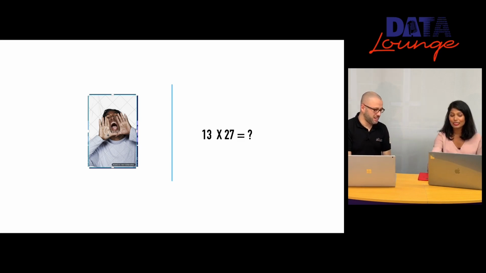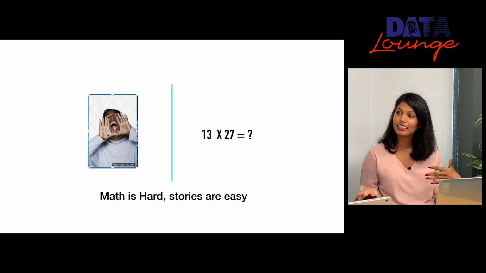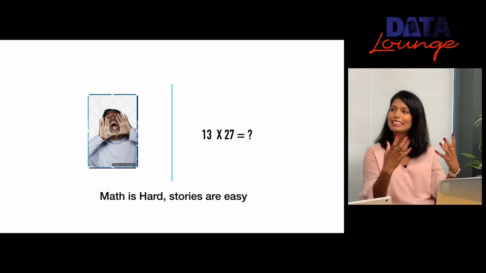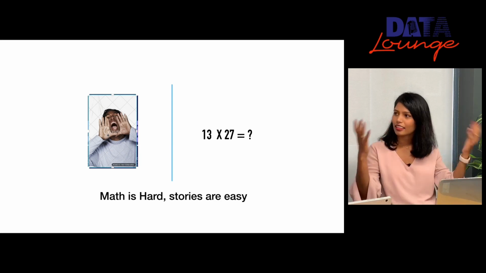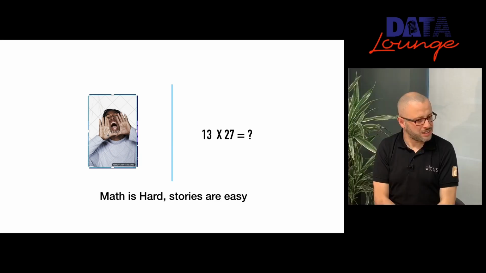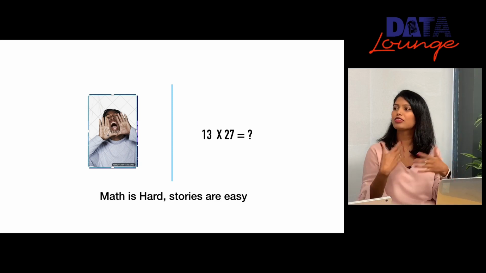Math is hard, but stories are easy. There is no explanation, but you can easily see somebody is shouting or screaming. That is because it's your unconscious brain. You don't have to do a lot of work.